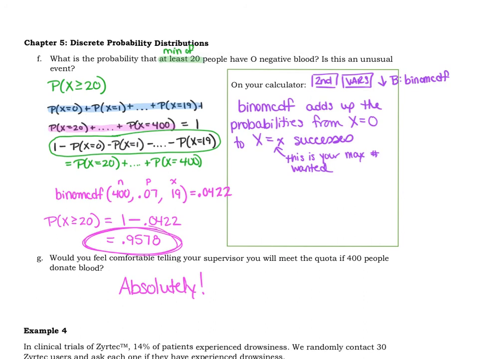Now, I know what we just did there in F can be a little confusing. You may need to rewind this video a couple times and continue to listen. Draw the pictures, do whatever you need to do. Go back and look at some of the previous examples that didn't deal with 400 people, like when we did at least one and we subtracted off a single scenario, X is 0.